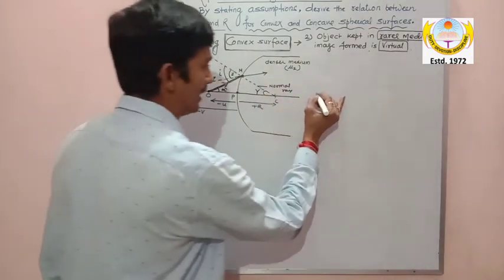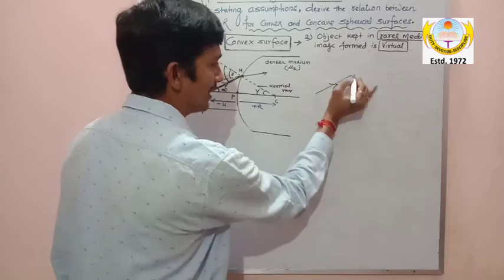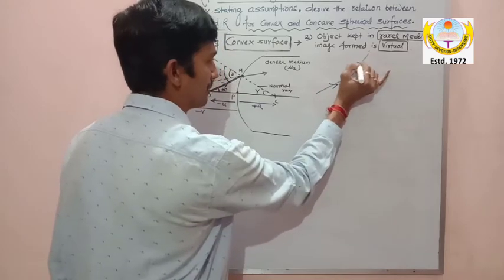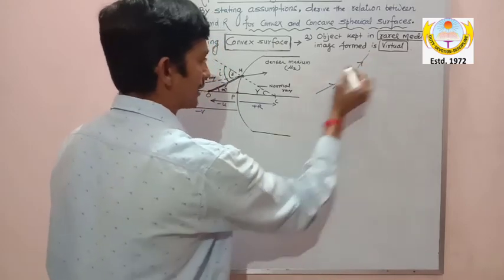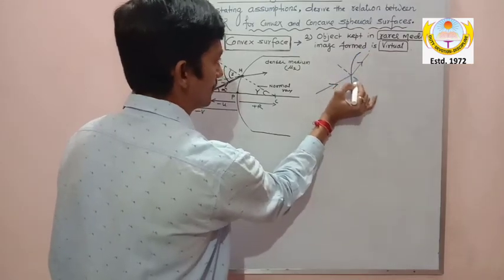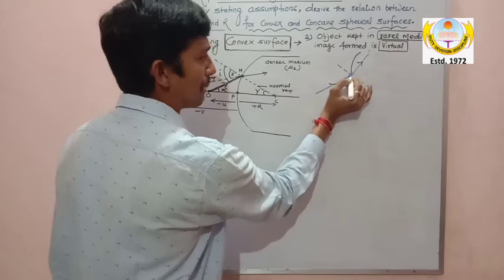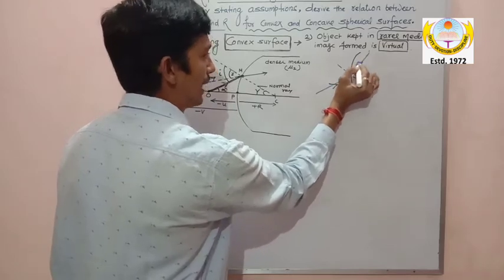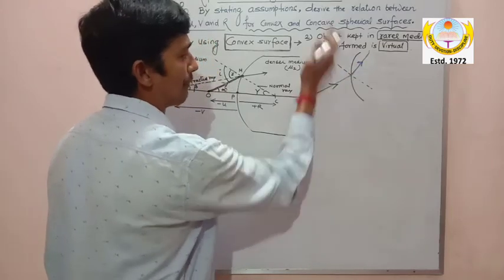Once again, you can see the incident ray is going like this. If it were going this way, because this is your surface and this is your normal, then I would say it is bending away from the normal.